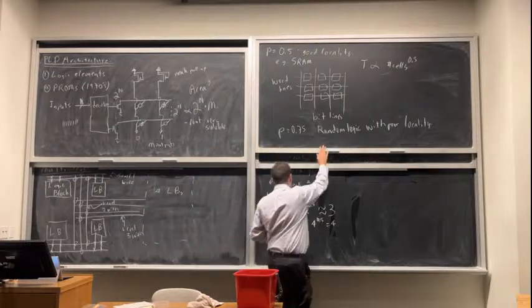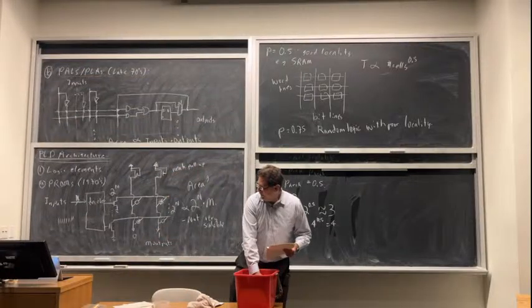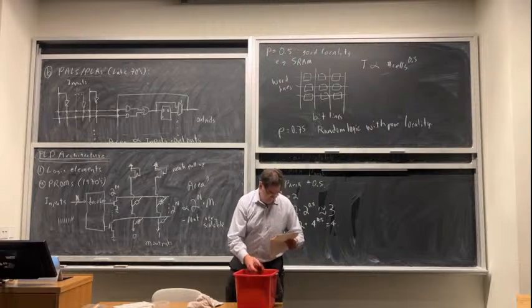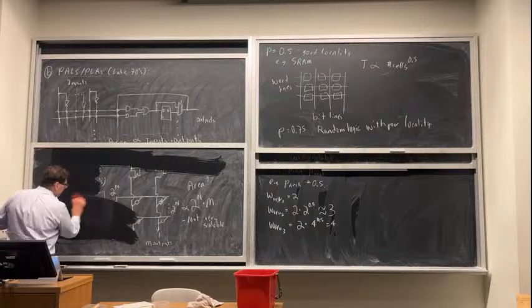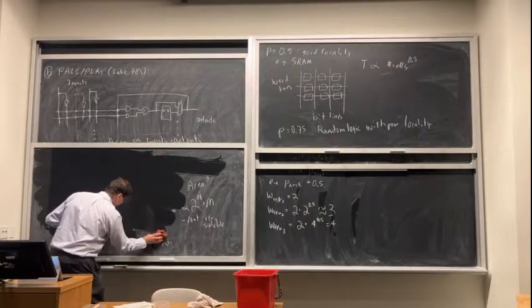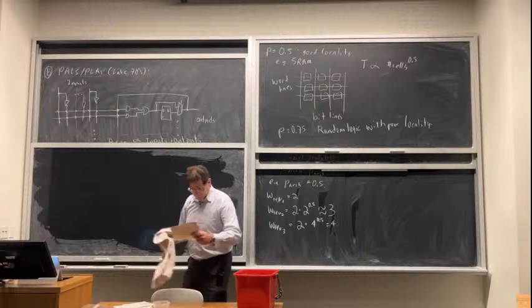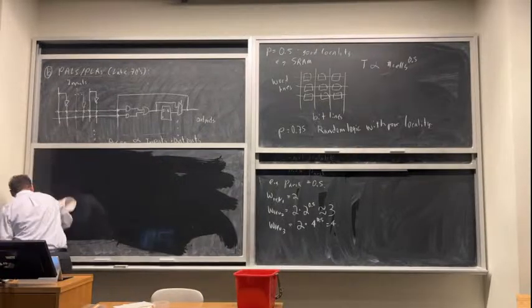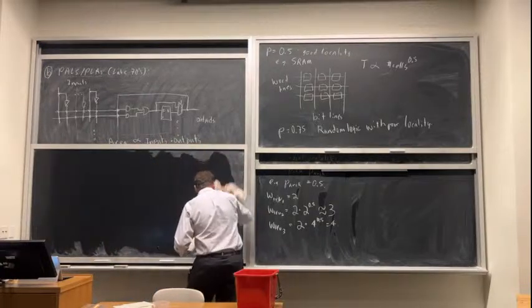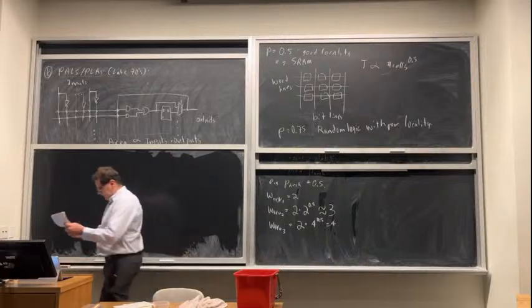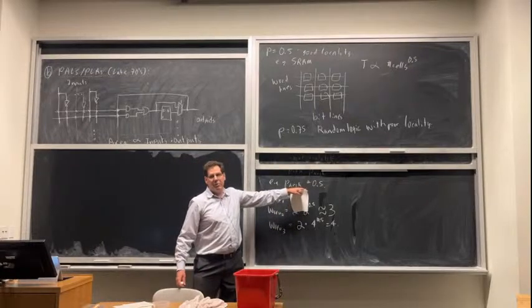What I've done is fine for any circuit that has a rent exponent of 0.5 or less. 0.5 is perfect, right?